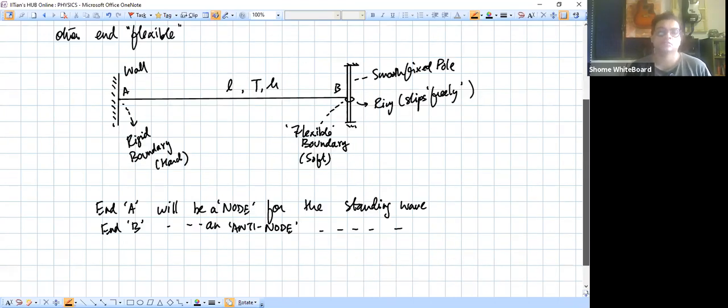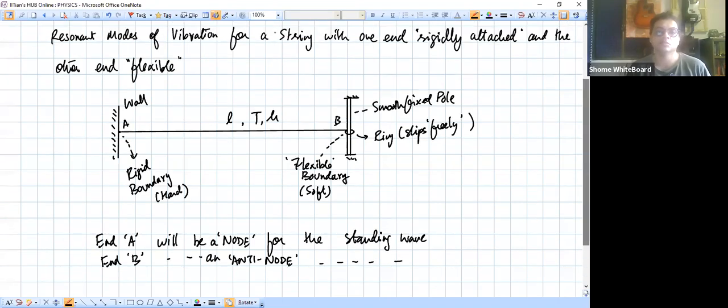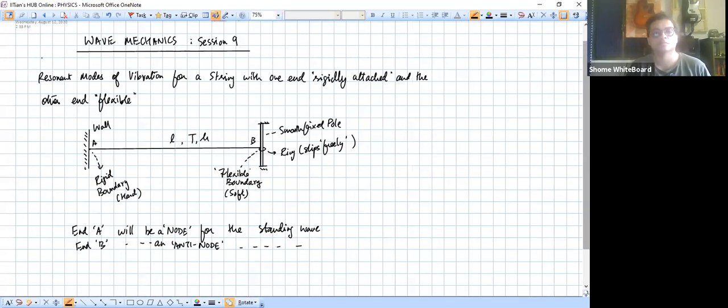So just make a quick note of this, then we'll look at the harmonic modes. So this is within the topic of standing waves.